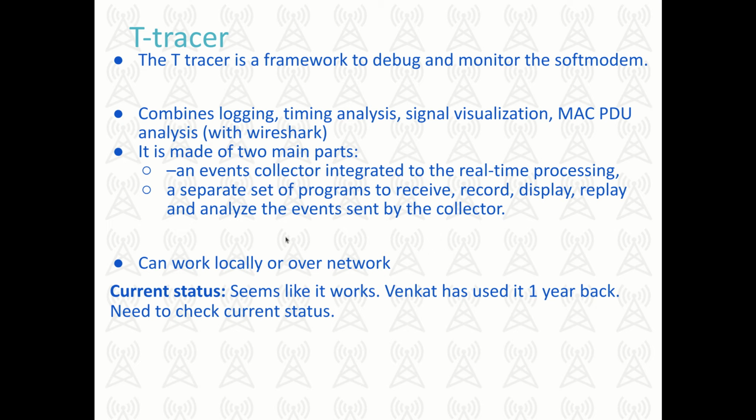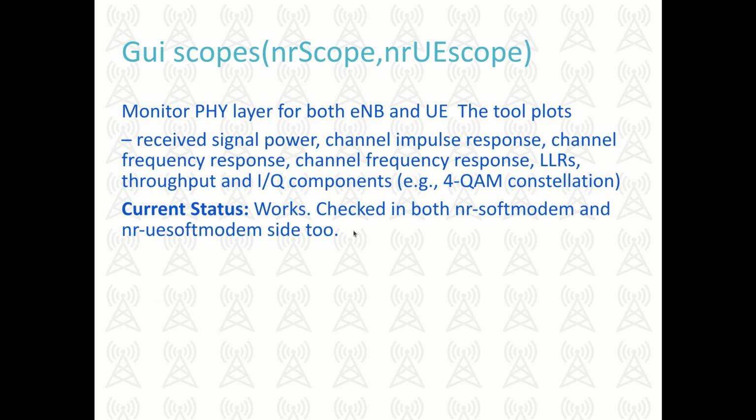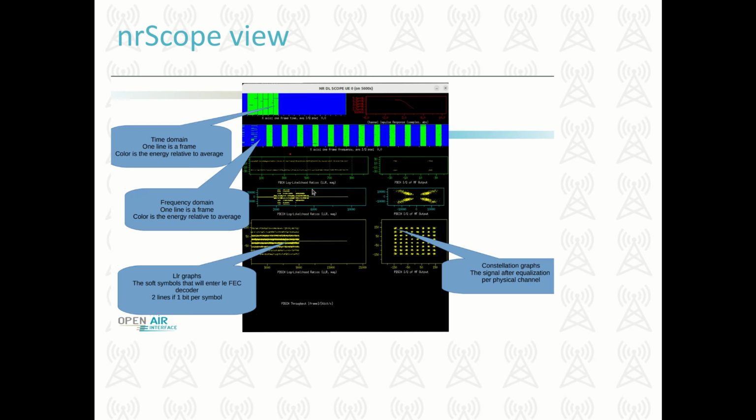I think I have actually used a few of these tools. This is a mold. Basically, you can see each and every process graphically and visually. Then the GUIs are there.